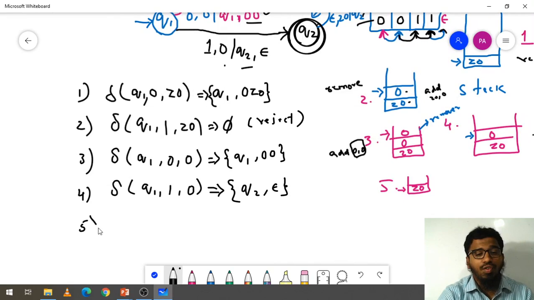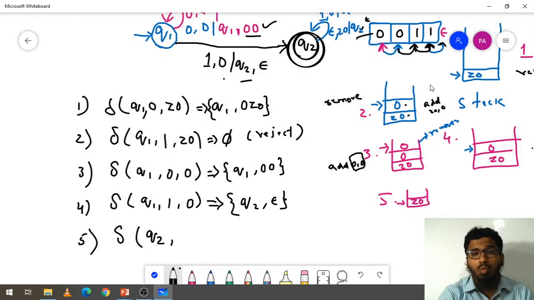Next, fifth one, delta. What is the new state here? The new state is q2. What is the next input? q2 comma 1, and what is available in the stack is 0.